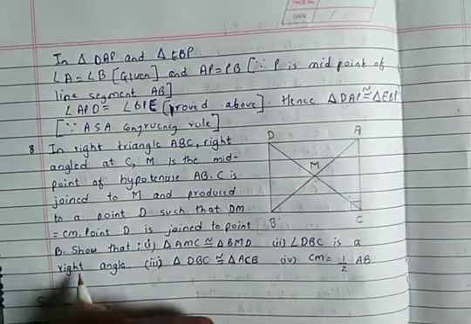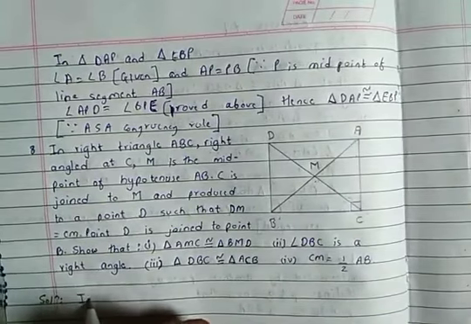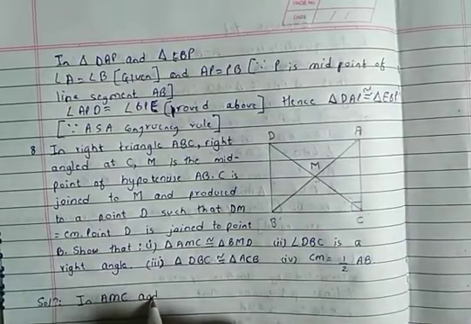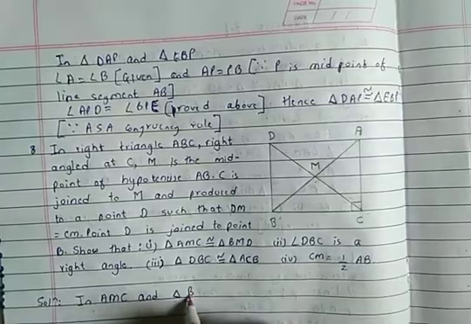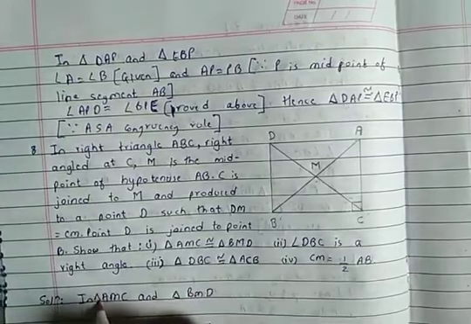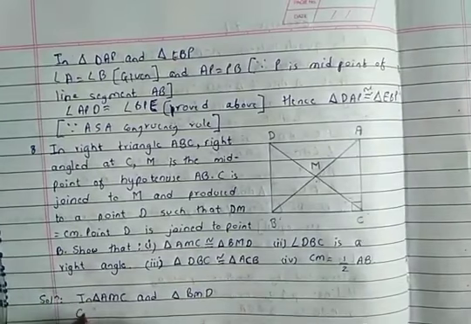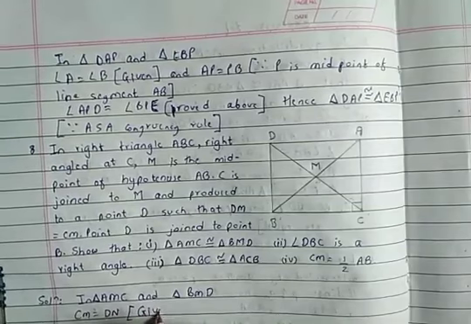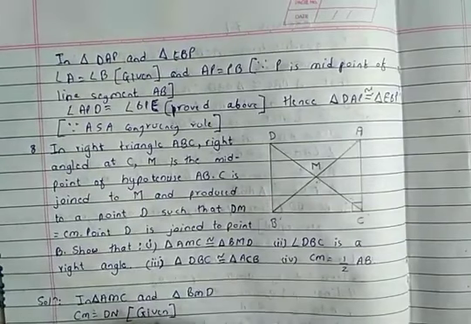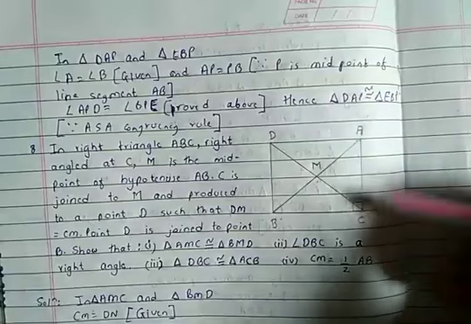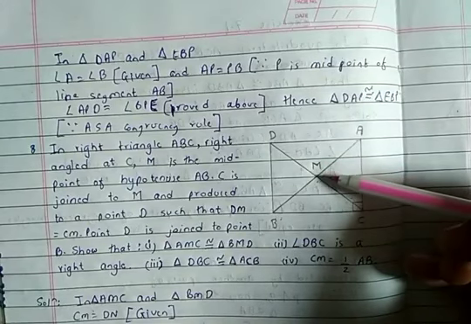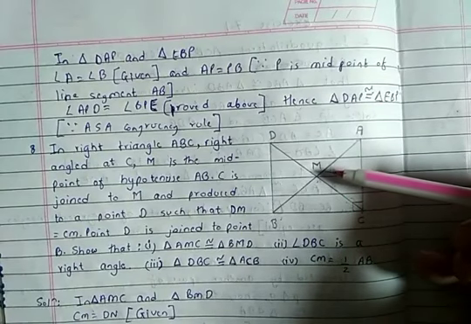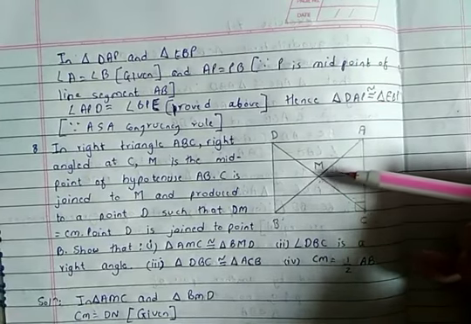First of all, we will consider triangle AMC and triangle BMD. CM is equal to DM. This is given, right? See, this CM distance is equal to DM.